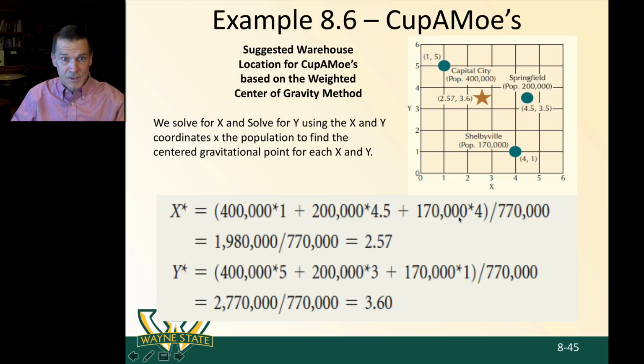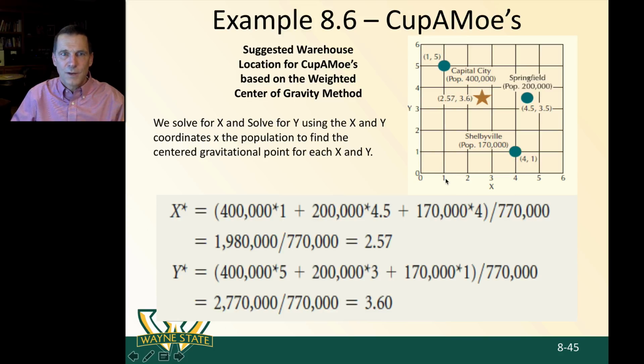So we would take the 400,000 times the 1 here, because we're at a 1 on the X, and we would take this 200,000 times the 4.5, right here. And we would take the 170,000 times this 4.